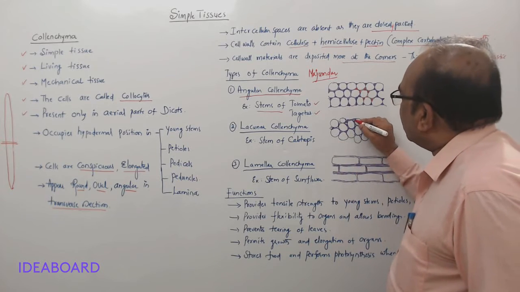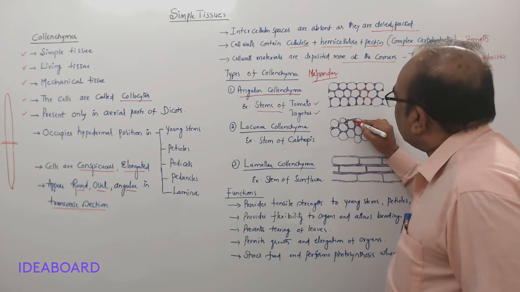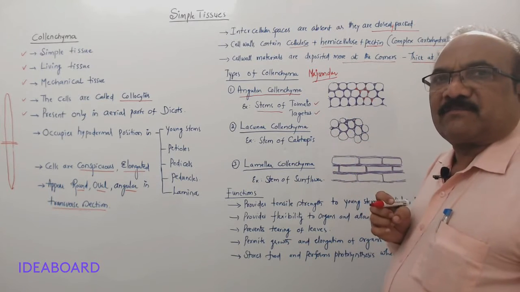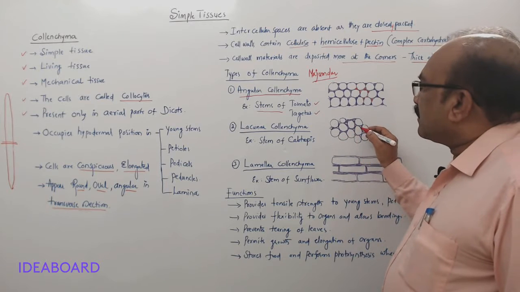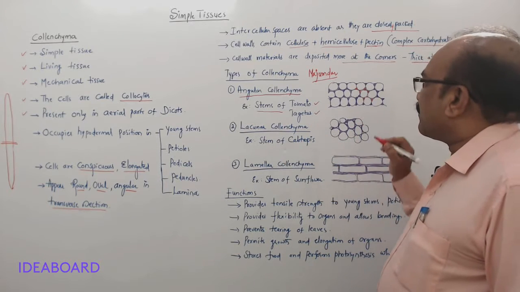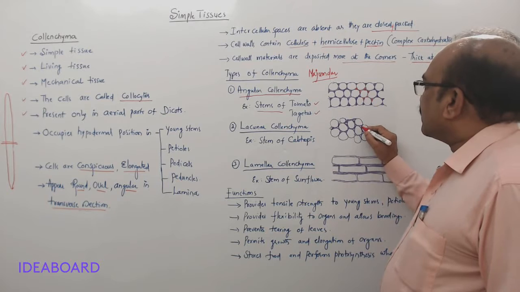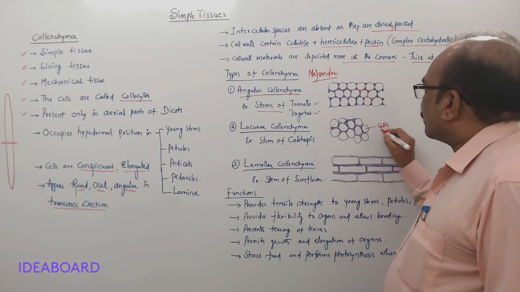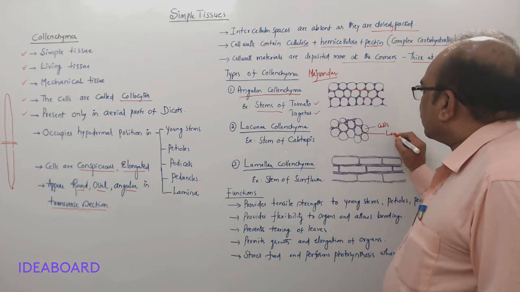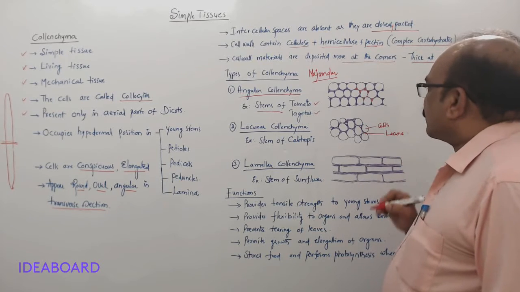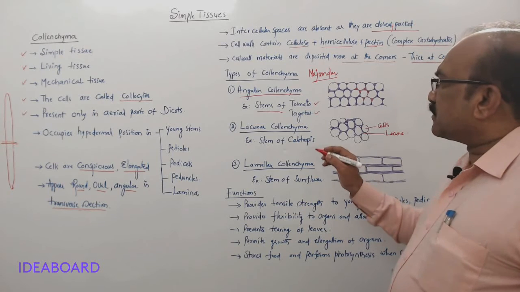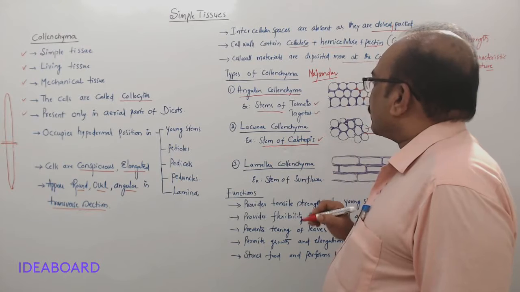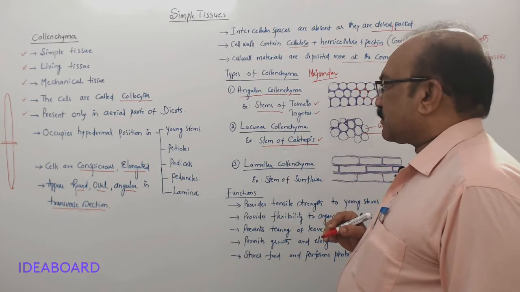Around the intercellular space means you will find small gaps, and these are called lacunae. That's why this is called lacunar collenchyma. So don't think that these small ones are not cells; these are cells, and these are lacunae. This type of collenchyma you will find in the stems of Calotropis.